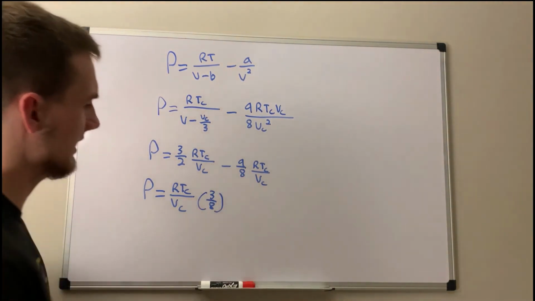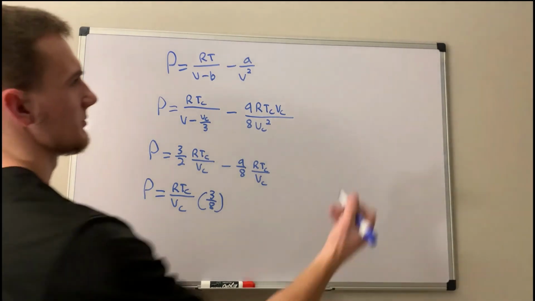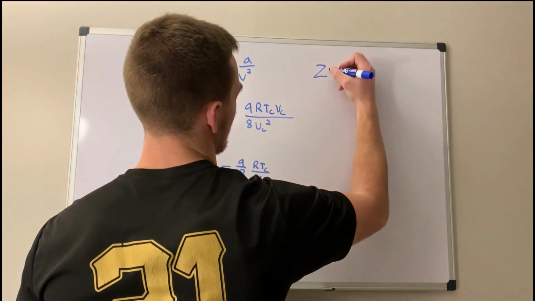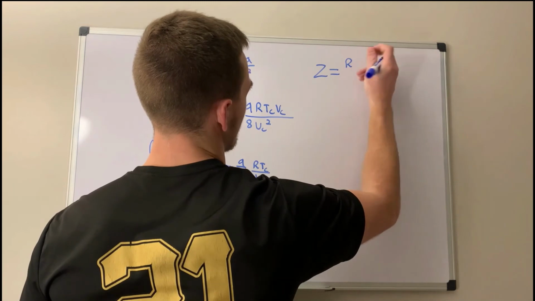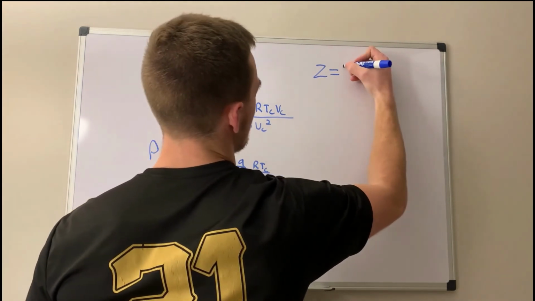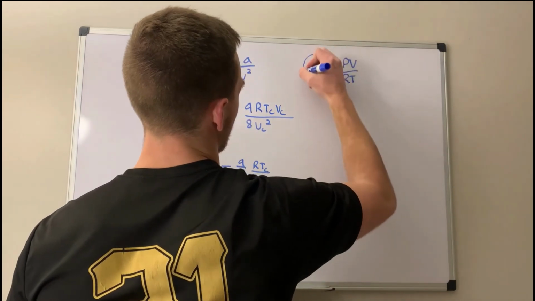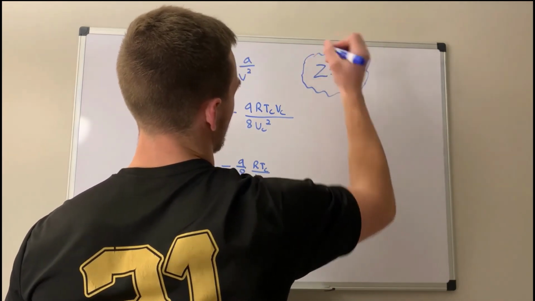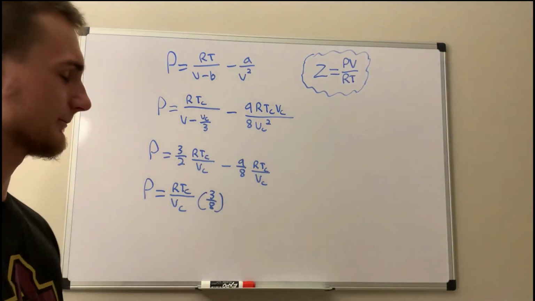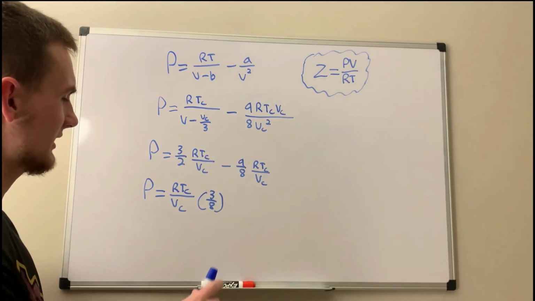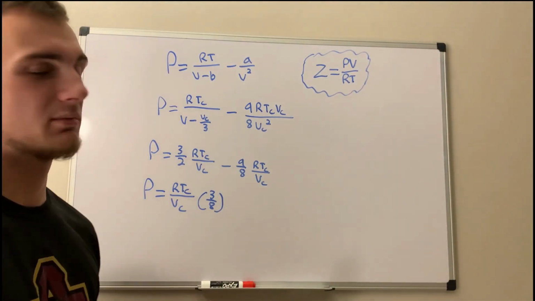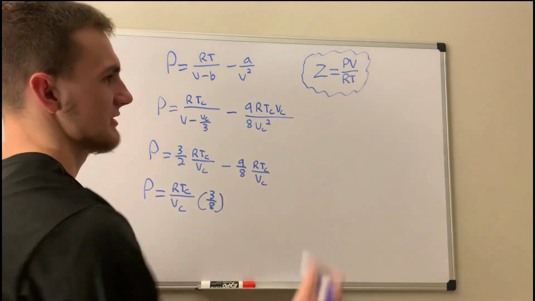Okay? And if you remember, the compressibility factor, Z equals PV over RT. Okay, so that's the compressibility factor. Now what we can do here is solve for the compressibility factor in terms of PV over RT.